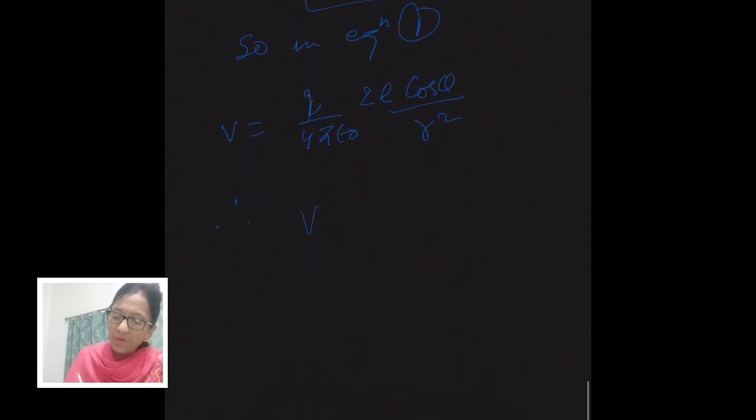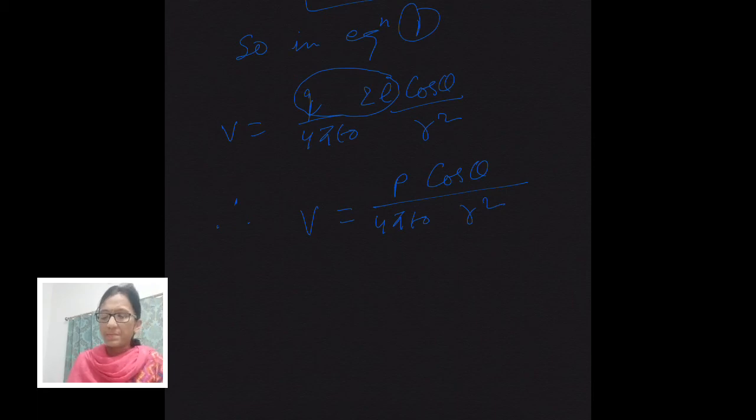Therefore, potential V is equal to, you can write this q 2L as dipole moment p. So it becomes equal to p cos theta upon 4 pi epsilon naught r square. So this is how you can find potential at different points.